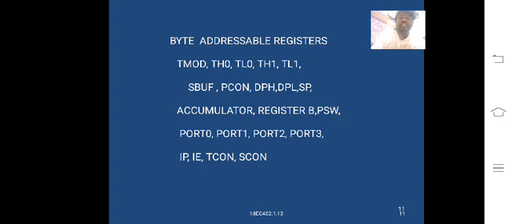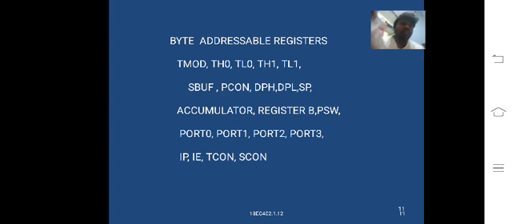And SBUF, PCON, DPH, DPL and stack pointer.